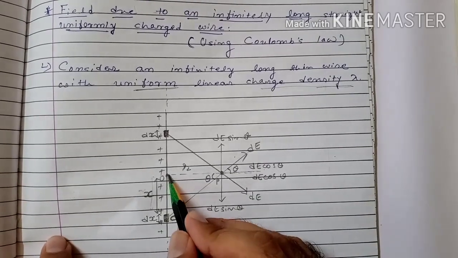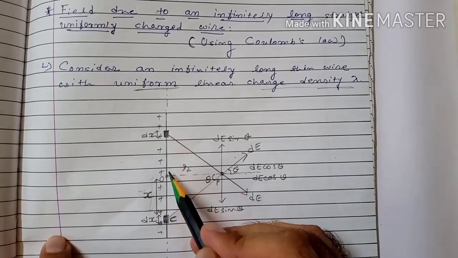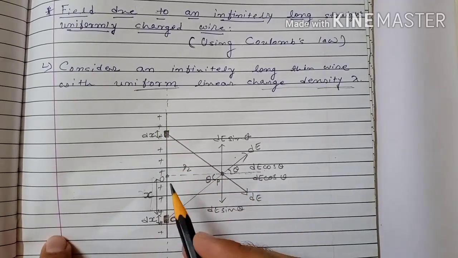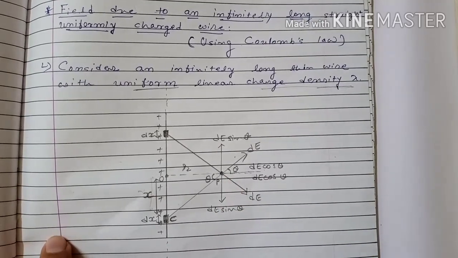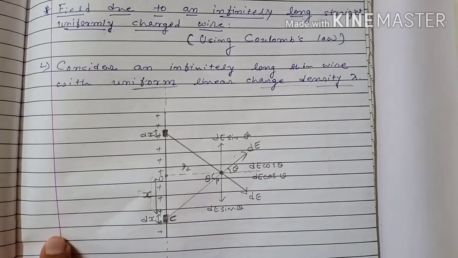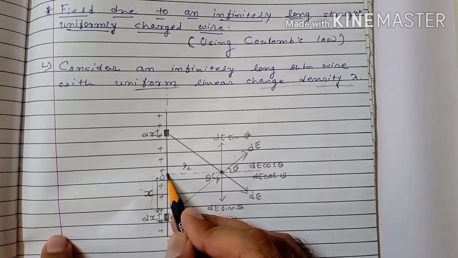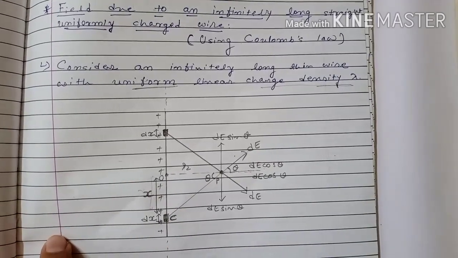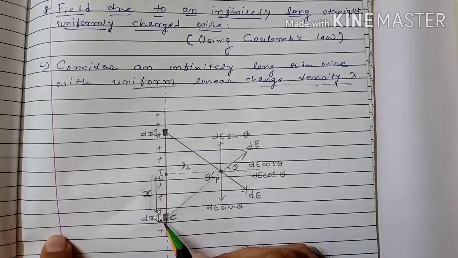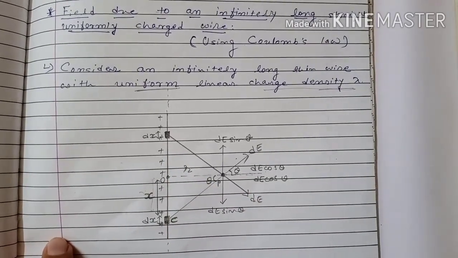Okay. Now this wire is uniformly charged and we have to find electric field at some point P, which is at a distance r from the wire. Here this is the center, one point on the wire, that is O. Here I have considered a pair of small line elements of the wire.